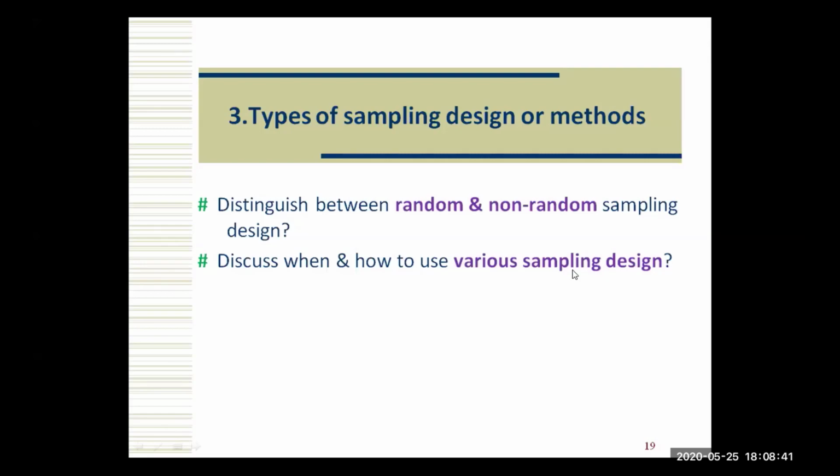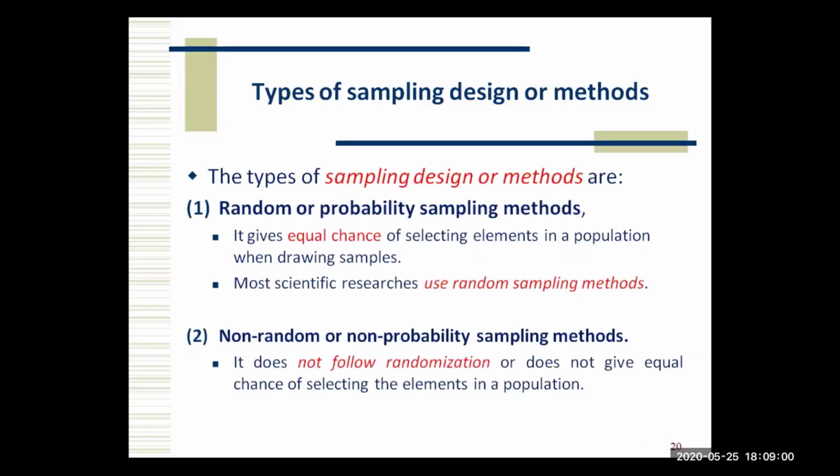That means you also need to have clear elaborations on each method. Subsequently, you will know when and how to use these different sampling designs in your research. I will also highlight this point subsequently.